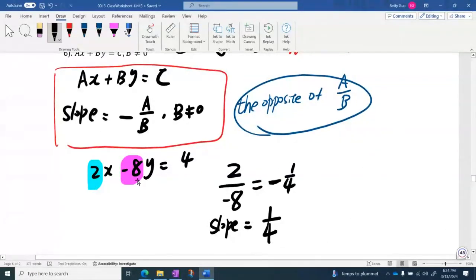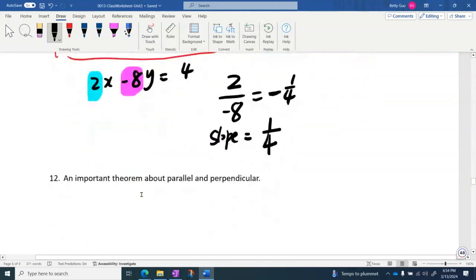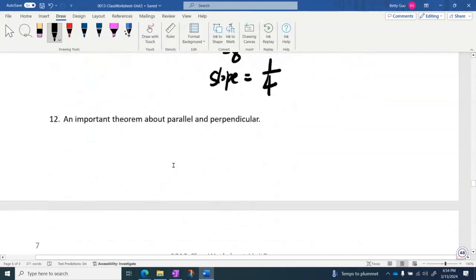As I can see, the blue and the pink have opposite signs, so I know the slope is going to be positive. Positive what? 2/8, which is 1/4. Find your own way to understand it and to memorize.